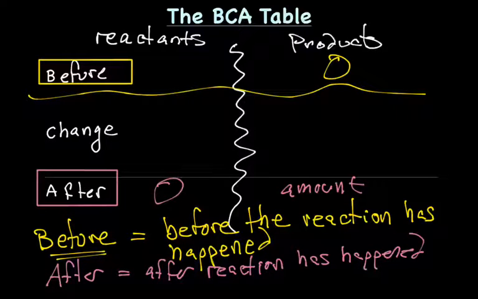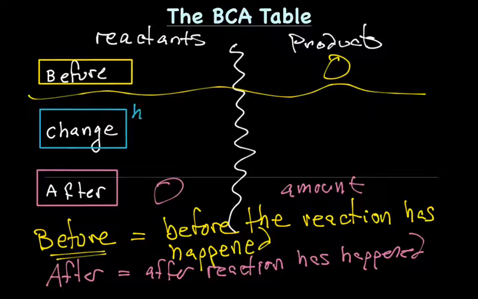All right, and then last is the change area. In the reactants, it's going to be how much was used. We're using it up, which means we're going to be getting rid of some.